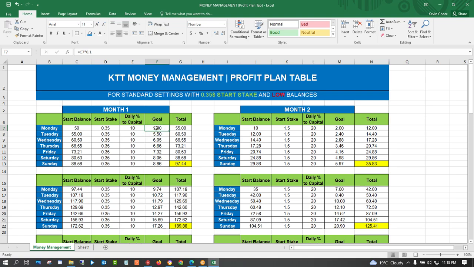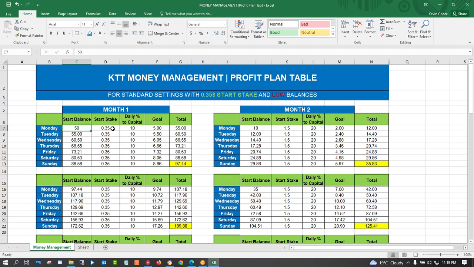We're starting with $50 here, but you see our stake doesn't start with the $10, right? Our stake is only starting with 0.35, because there are those times that you are going to lose, and for those times there is the martingale.